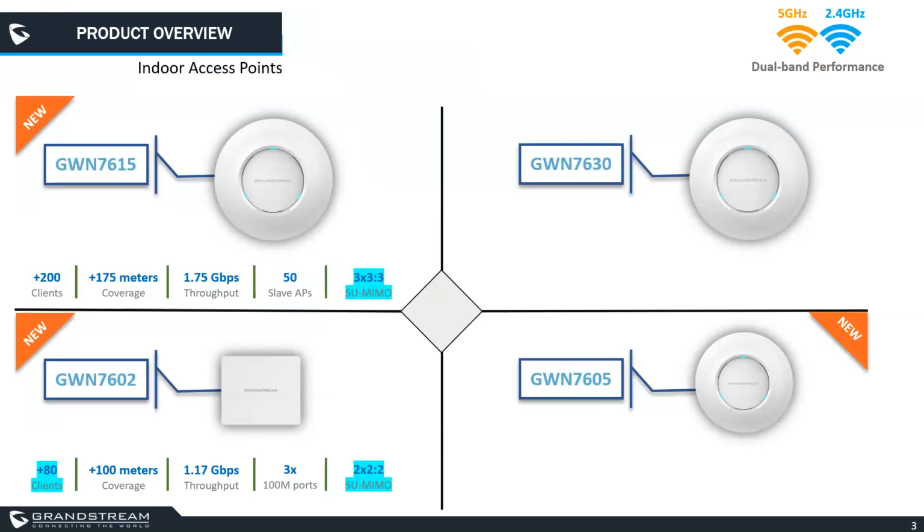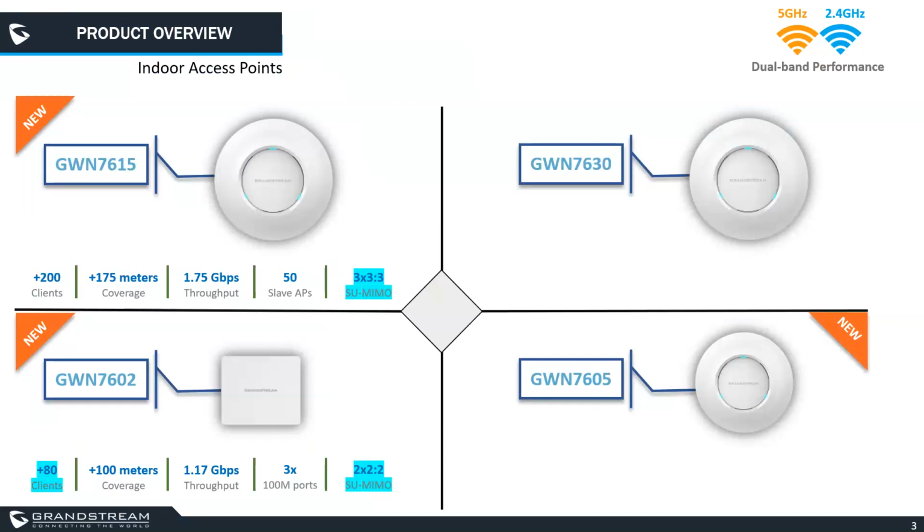The second model, which is the GWN 7602, is a small model and it supports only 80 clients. It has a coverage range of 100 meters and a gigabit speed of 1.17 gigabits throughput.